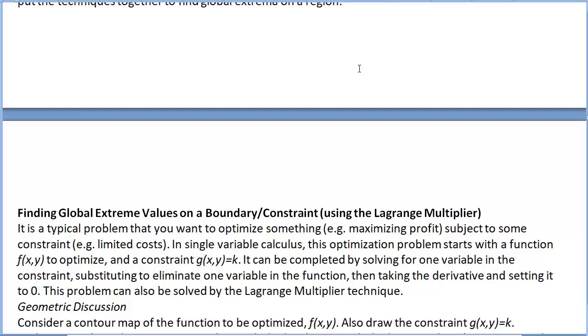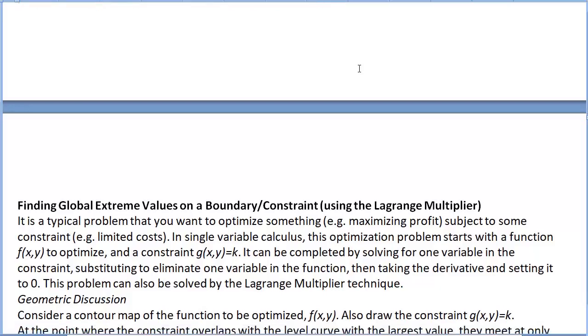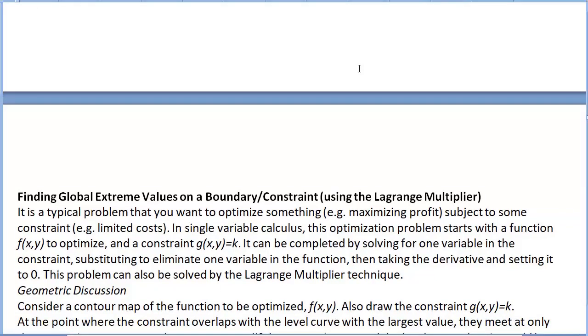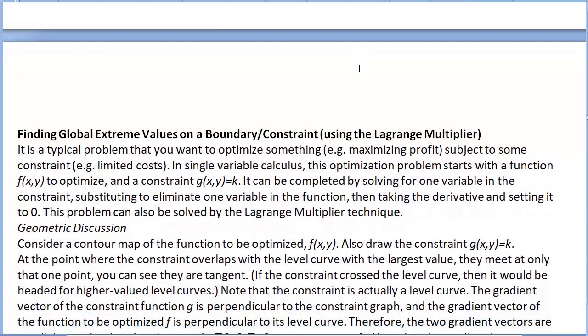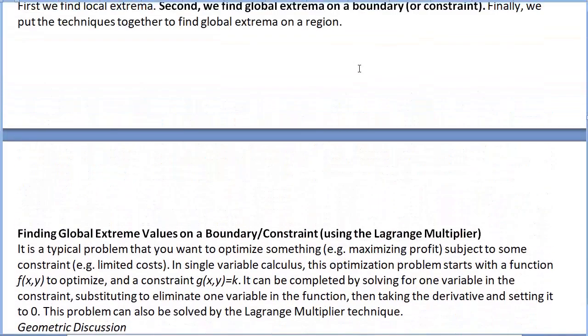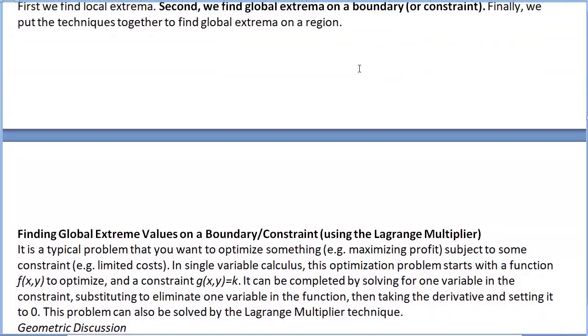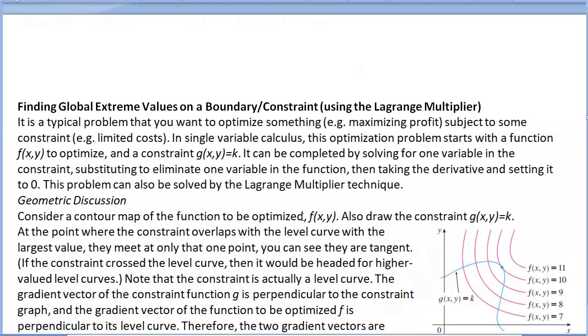So where does this technique come from? Geometrically, we're going to look at the contour map of the function to be optimized. Now on the graph, you'll see contour lines for the function we're trying to optimize, f. Got a couple marked there.